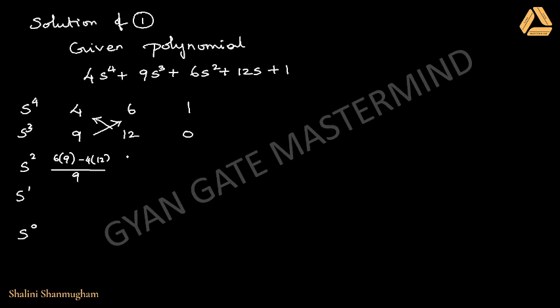Then for the next coefficient, (9 into 1 minus 4 into 0) divided by 9. That is the element for this row, and the third element is 0 in this row.